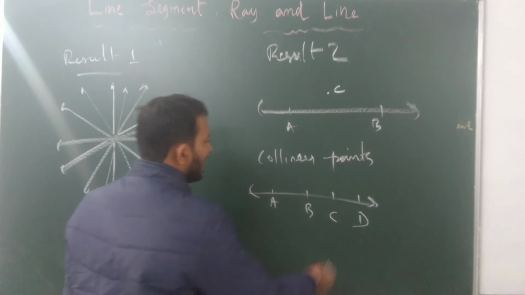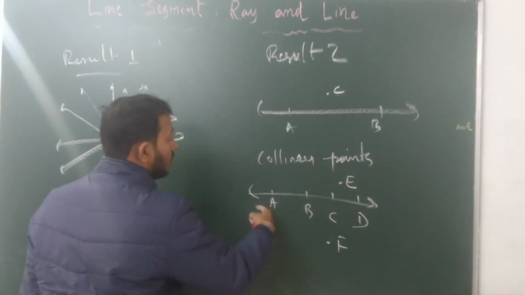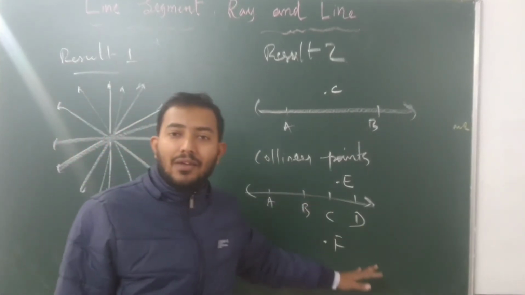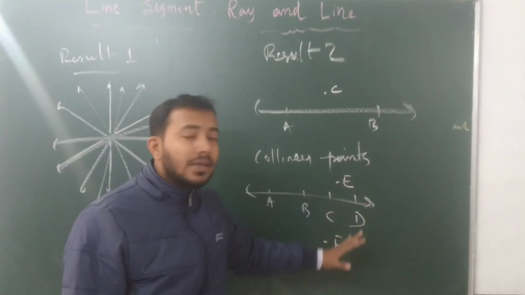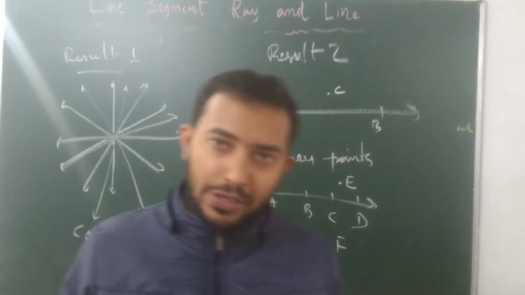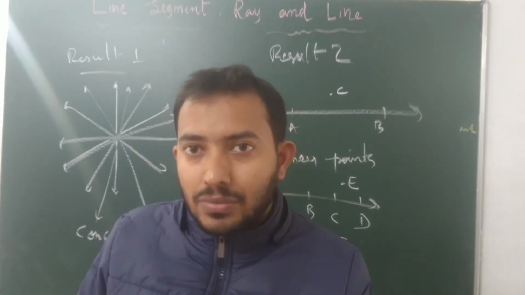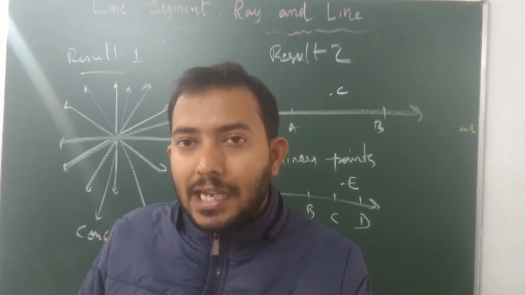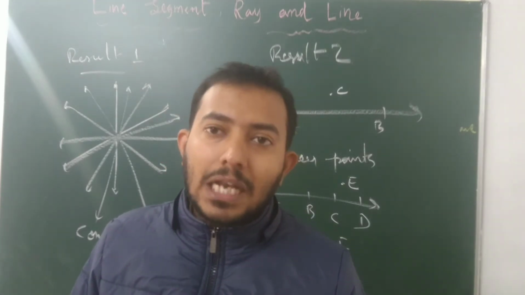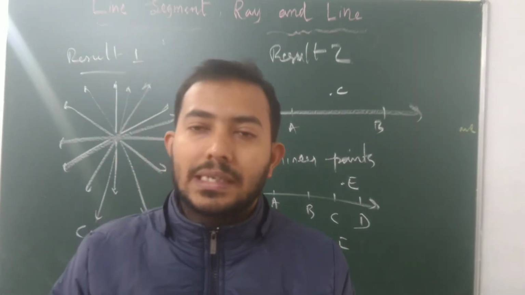And if I take one point E here and another F here, then A, B, C, E or A, B, C, F or B, C, E are not collinear. They are non-collinear points. Remember, whenever you take points, each and every point should be on the same line. Then only you can give the definition of collinear.